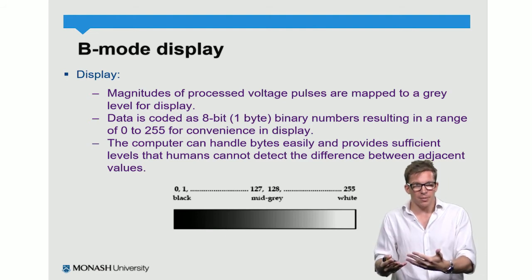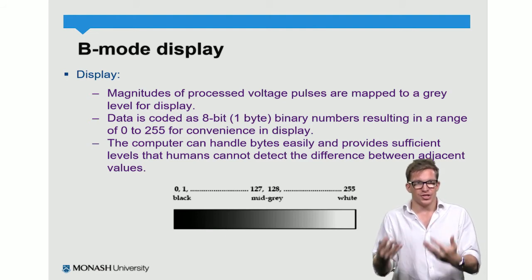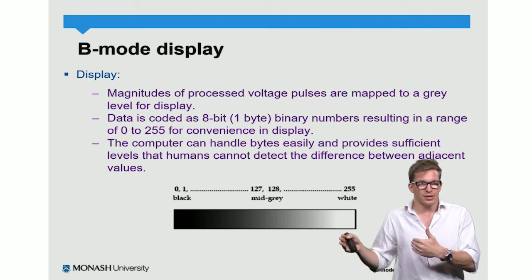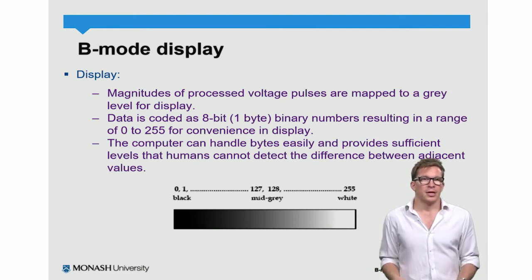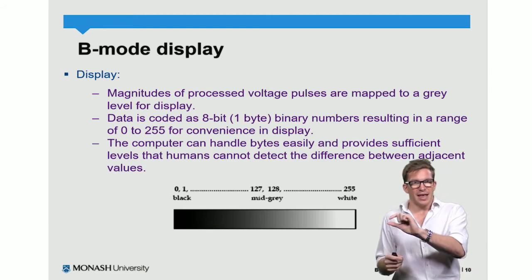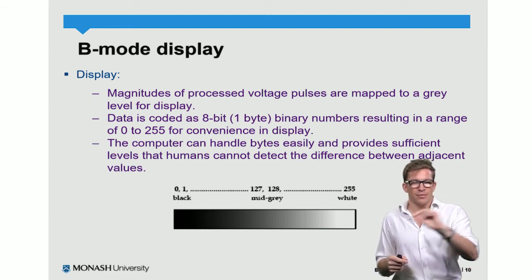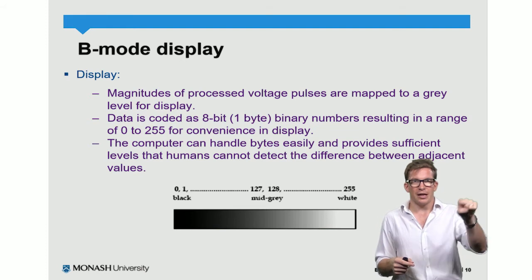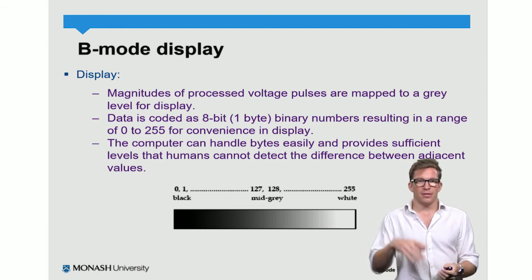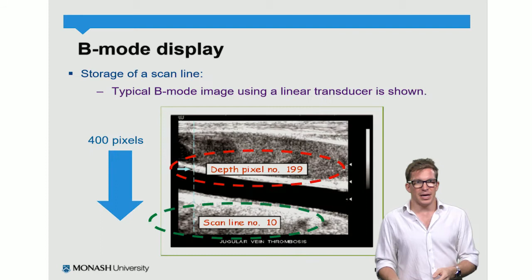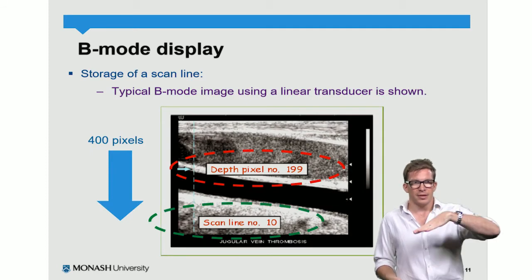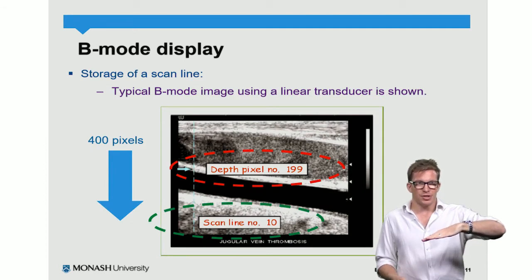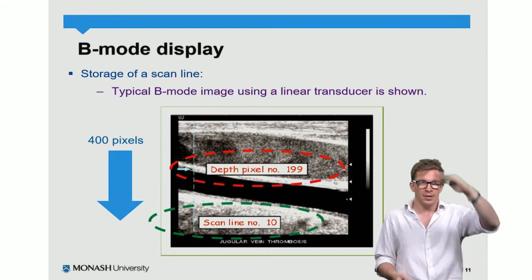We've applied our time gain compensation correction to scale that appropriately for the depth at which that occurred in the patient. And then we have to take that number, whatever that number is, and convert it into a color. So we're going to color the pixel, and remembering that the pixel identity comes from the depth of the interaction, which is calculated from the time difference.